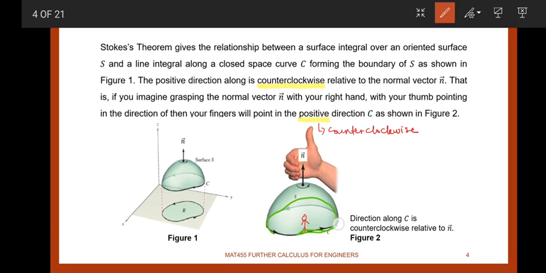When you walk here, that means you have the counterclockwise direction, and if your head is pointing outward, that is the unit normal vector n.